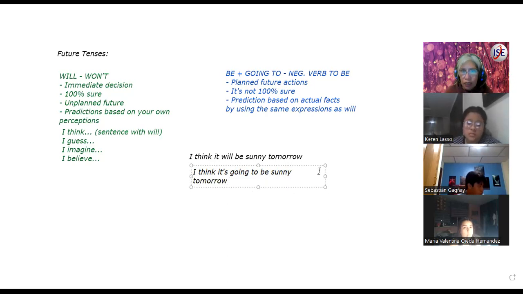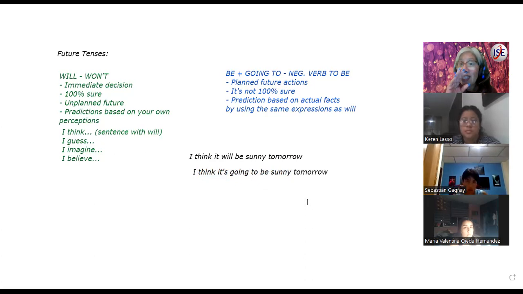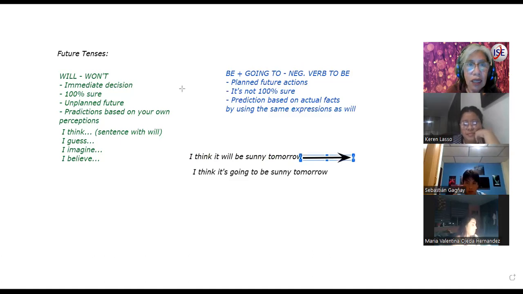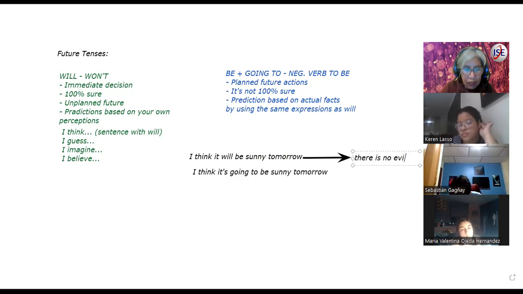What's the difference? In the first one, it is something I think. There is no indication that it will be sunny tomorrow. In the case of this one, there are no signals, or there is no evidence that tomorrow is a sunny day.